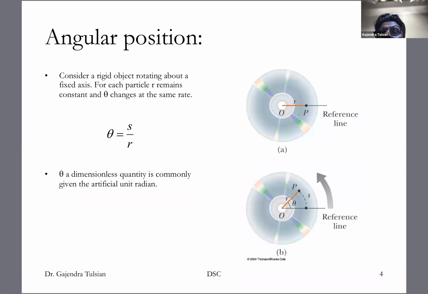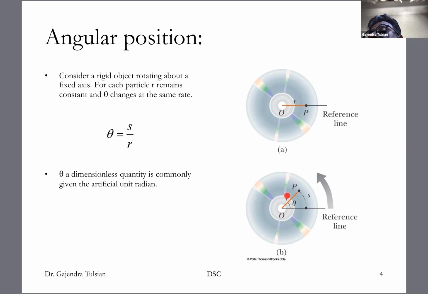Okay, so here's our object that is rotating. There's the reference line. And you mark a line on the object to measure the angular displacement from the reference line. So here's this object that's rotating about this axis. There's the reference line.